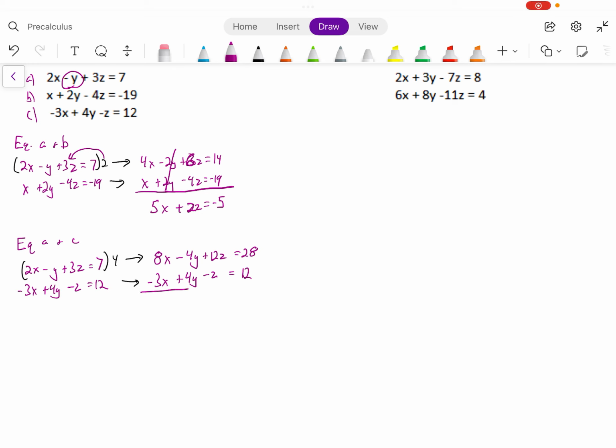Now we can combine those, and we get 5x, this eliminates, plus 11z equals 40. And now that we eliminated the y's twice, we're going to go ahead and take our two equations and solve those.